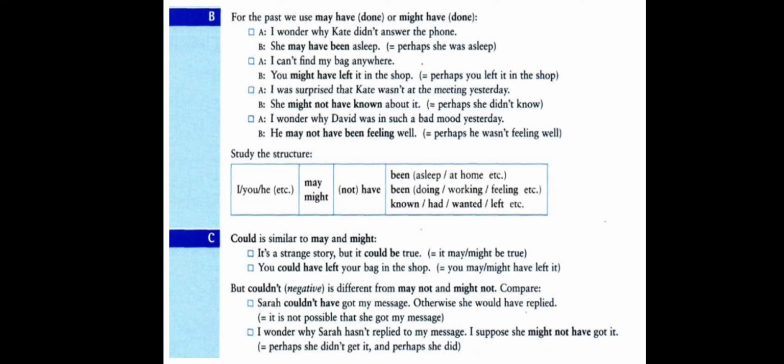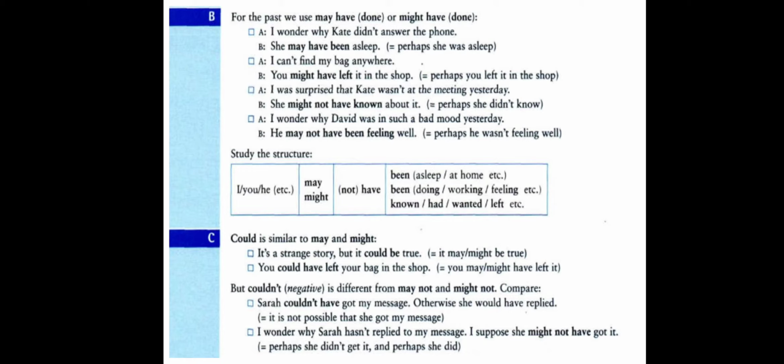You are, suppose, for example, at home. So we mean here a past situation. You left it in a shop. So if we are sure, we say you left it in a shop. To express possibility, we use may and might. And in the past, we say you might have plus past participle. Then it becomes you might have left it in a shop. Means perhaps you left it in a shop.